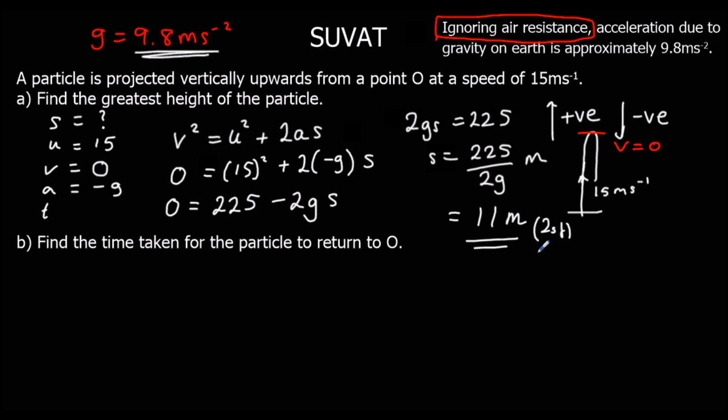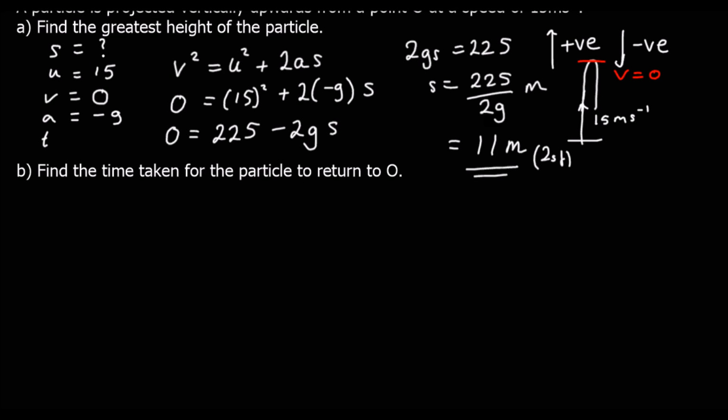Find the time taken for the particle to return to O, to return to where it started. So the particle's gone up, reached its maximum height of about 11 meters, and returned to where it started. There's two ways of doing this.